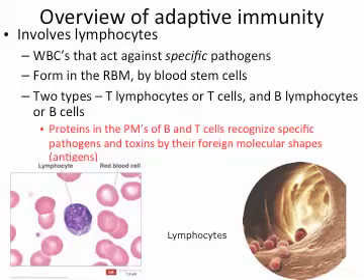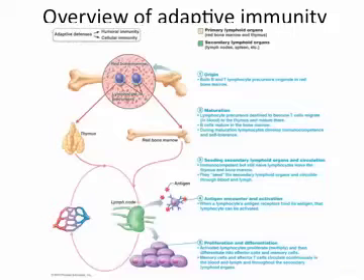The T lymphocytes will go on to the thymus to mature, and the B lymphocytes will stay in the red bone marrow to become mature. And then in red it says that there are proteins in the plasma membranes of B cells and T cells that recognize the specific pathogens, and those proteins are the B cell receptors and the T cell receptors, and they'll recognize mostly protein antigens on foreign invaders.